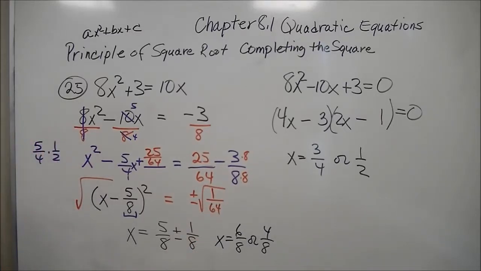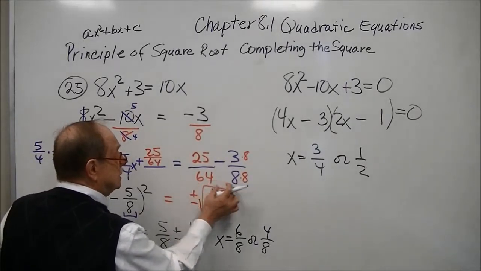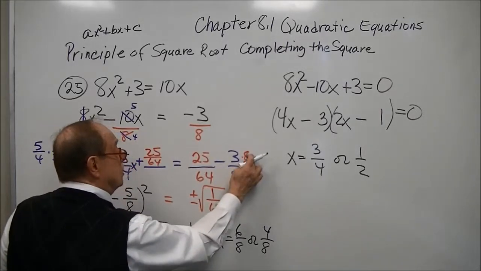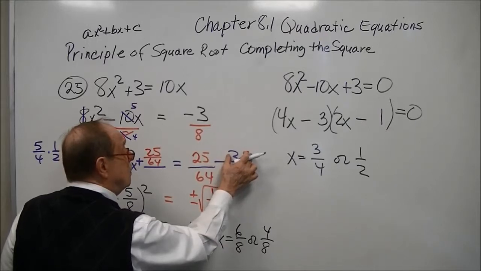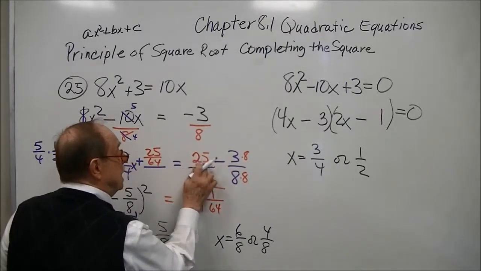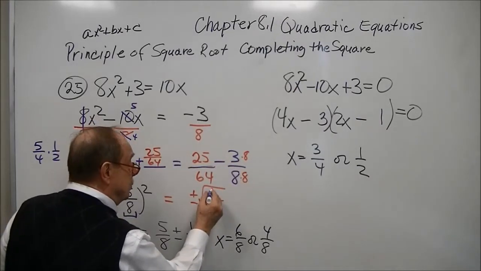Well, again, I have fractions with different denominators. So to make this 8 into 64ths, I multiply it by 1 in the form of 8/8, which makes this 24/64.